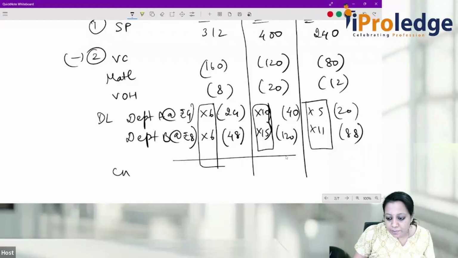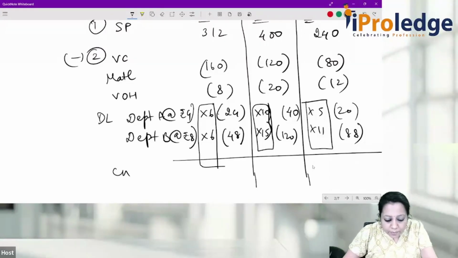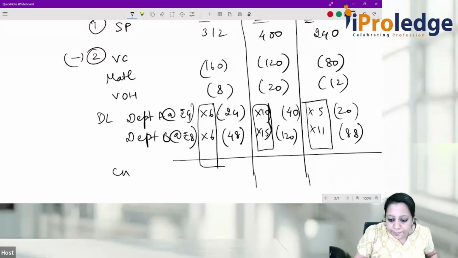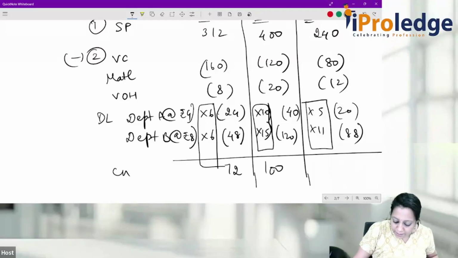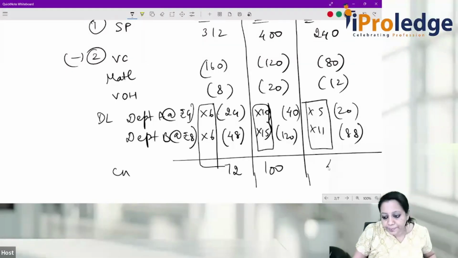Please find out the contribution. 72. 400 minus 120 minus 20 minus 40 minus 120, 100. Okay, ma'am. So 240 minus 80 minus 12 minus 20 minus 88, 40. Great.